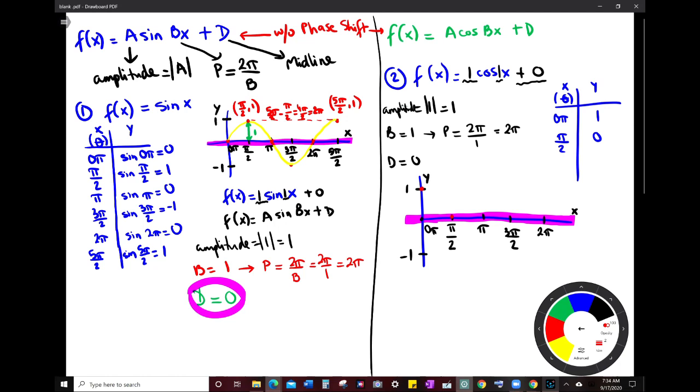So then for the next corner at pi, we have the minimum point, which is -1, and then we go back to the midline, and then we go back to the maximum point. Okay, so that way we don't need to finish the whole table if we know the pattern. And we connect all of them. So that's our graph.